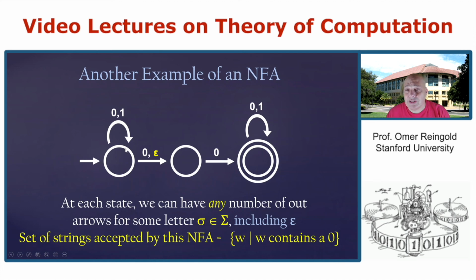And the first time you see a 0, you can choose to take an empty string step here, the 0 symbol here, and then stay put. So this is, of course, not the best way to define an NFA for this language, but it helps us demonstrate what the language of an NFA is.